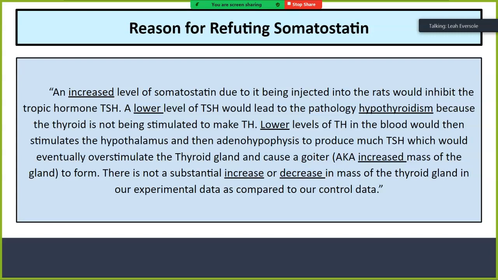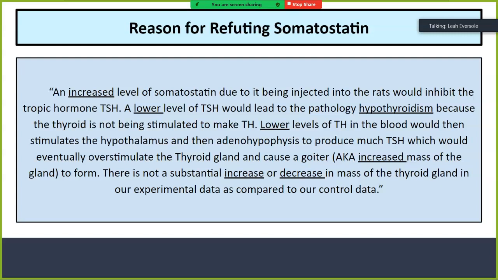Because the thyroid is not being stimulated to make thyroid hormone, lower levels of thyroid hormone in the blood would then stimulate the hypothalamus and then the adenohypophysis to produce much more TSH, which would eventually overstimulate the thyroid gland and cause a goiter, also known as an increased mass of the gland, to form.